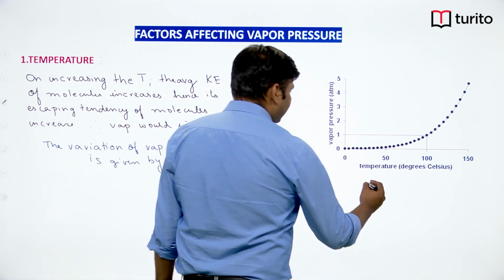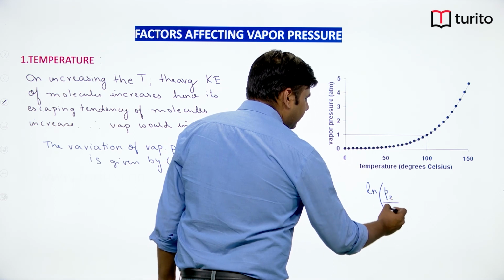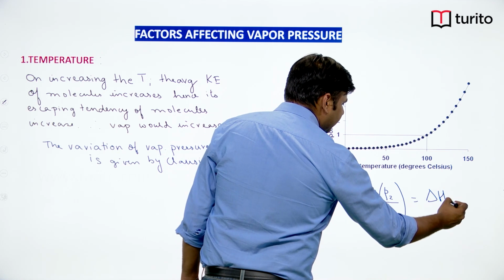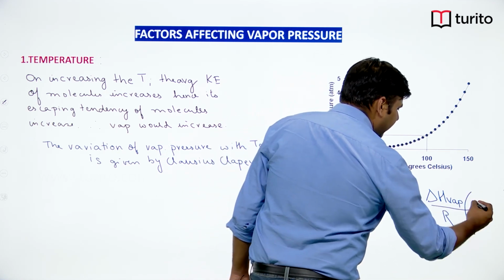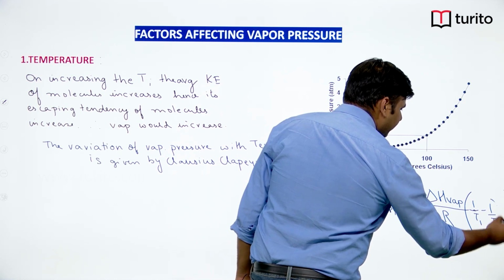This says that ln(P2/P1) = (ΔH vaporization / R) × (1/T1 − 1/T2).